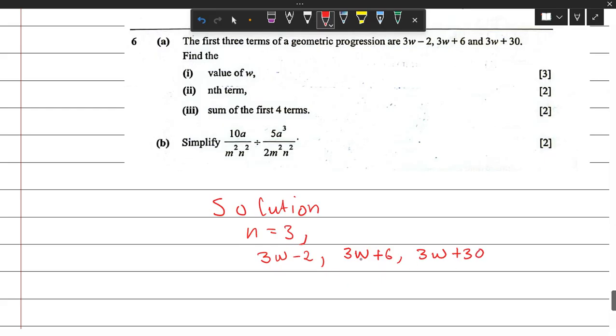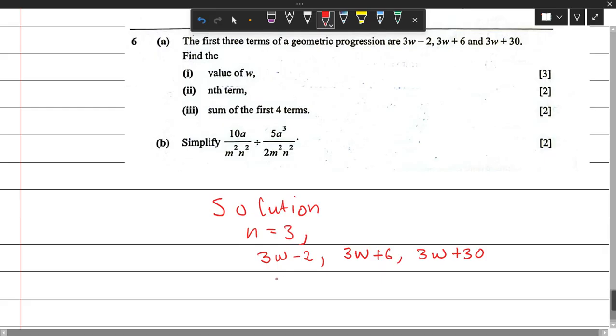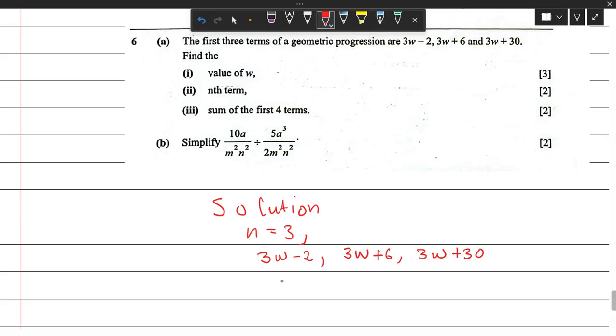First term, second term, third term. So we are told to find the value of w. So the question is, the first 3 terms of the geometric progression are, so those are the first 3 terms.